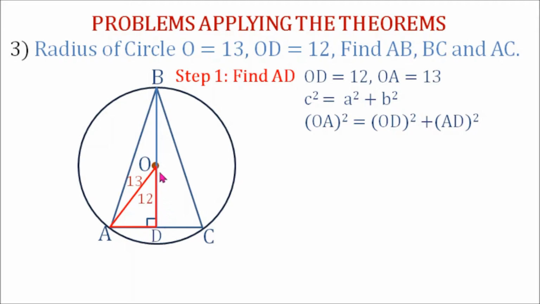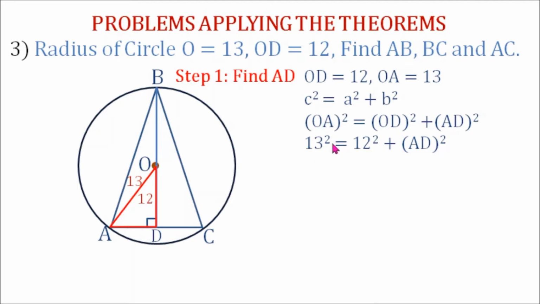Then we can assign side OD as our A and side AD as our B. So we have side OA squared equals side OD squared plus side AD squared. Now substituting, we have 13 squared equals 12 squared plus side AD squared.